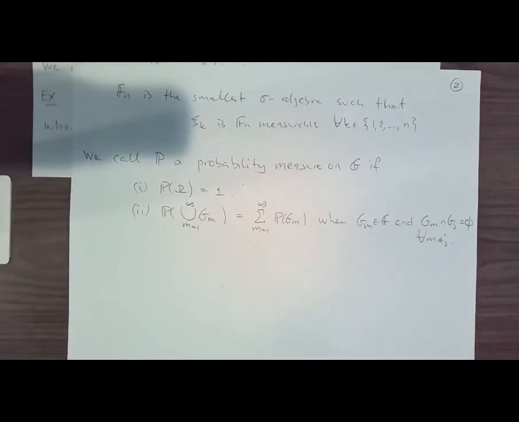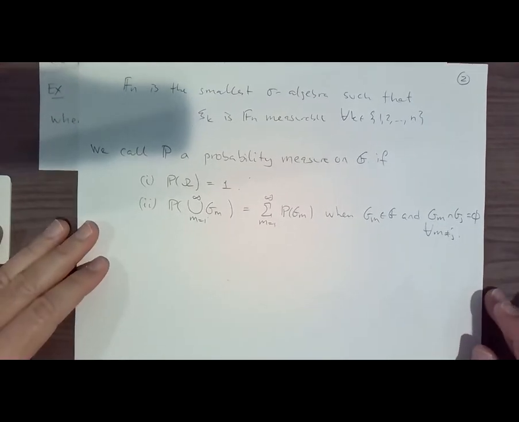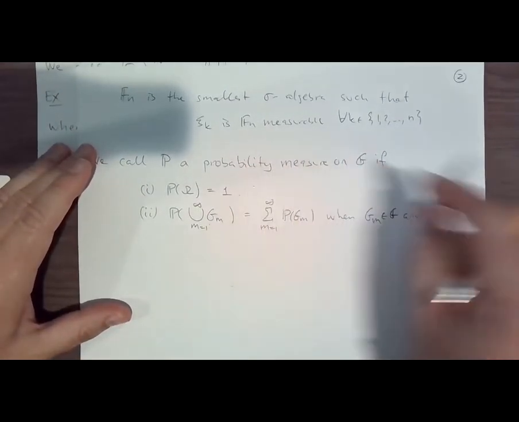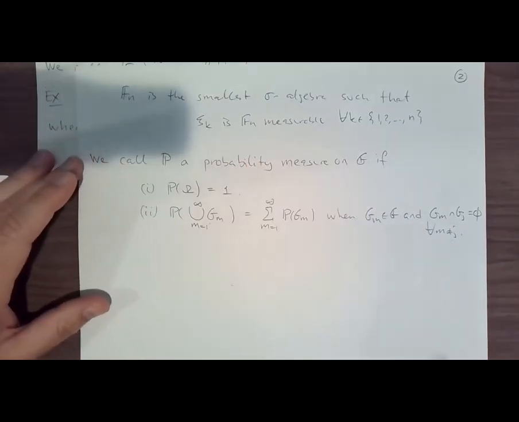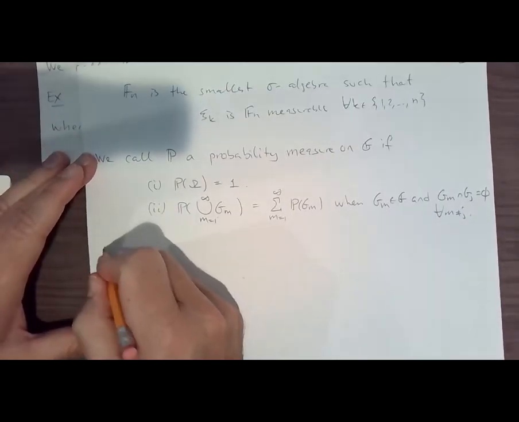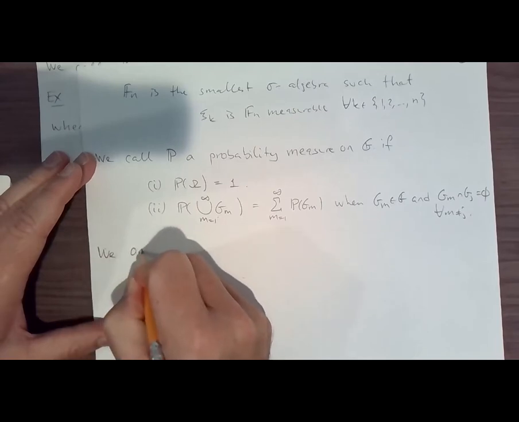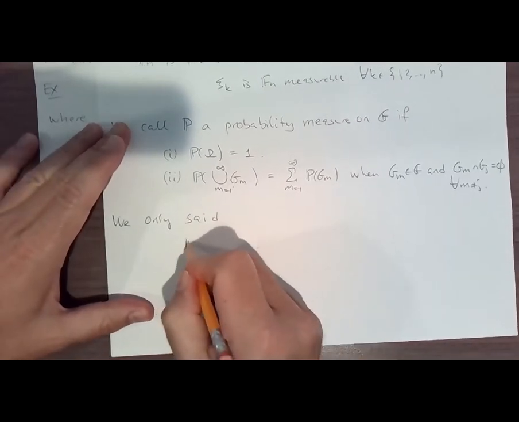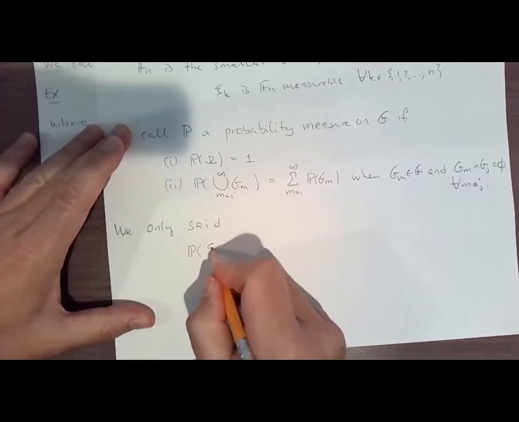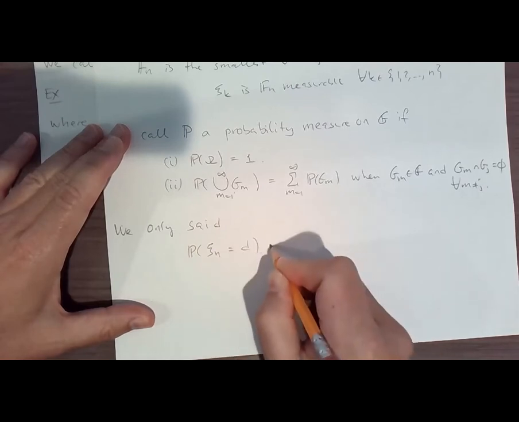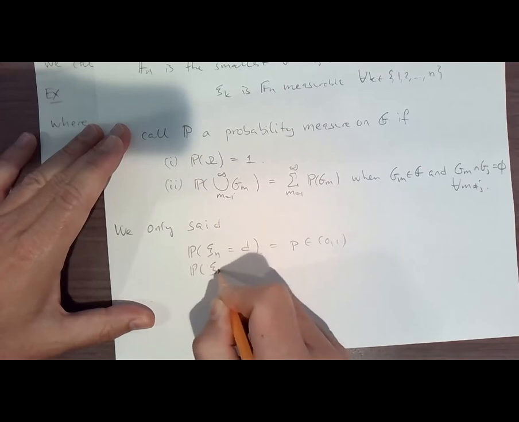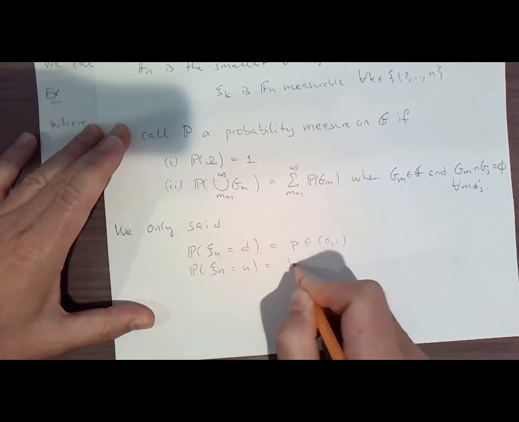That's a probability measure. We have not used this for us. We've just specified that the probability of psi n being d would be equal to p, and that the probability of psi n being u is equal to 1 minus p.